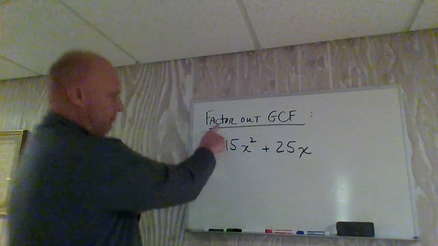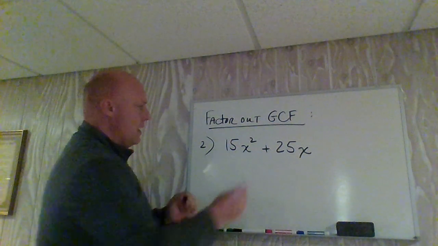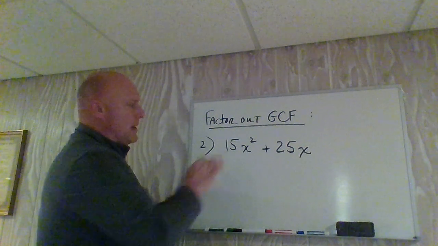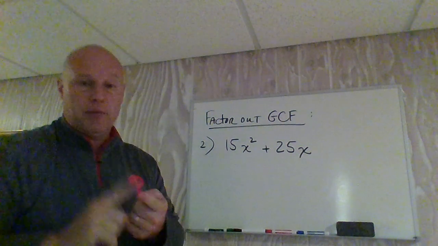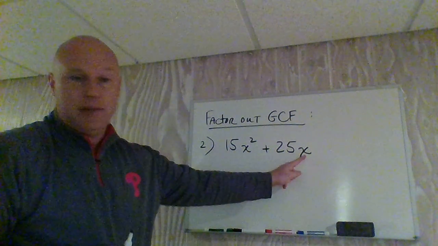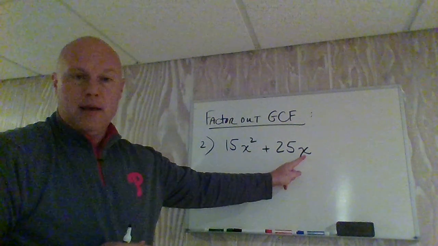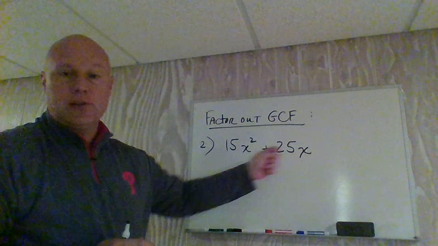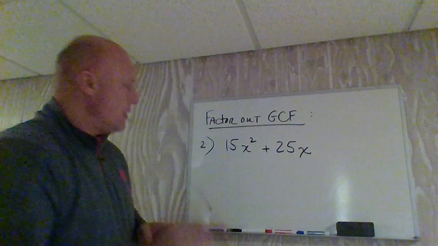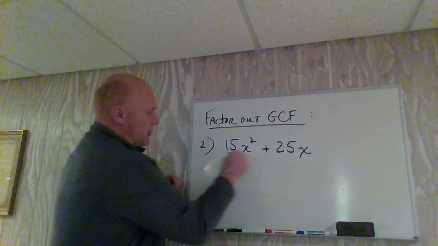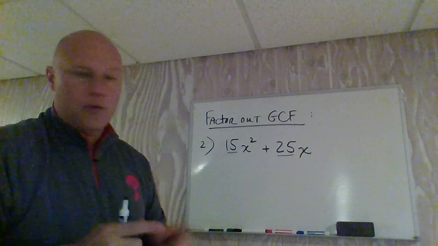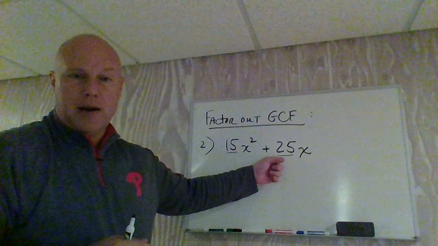Now, let's factor this. We're looking for the biggest number, but in this case they both have x's in common. The last expression that we did in number 1 didn't have an x in common, but this expression has x's in common. So let's work with the numbers first. What's the biggest possible number that you can divide 15 and 25 by evenly?